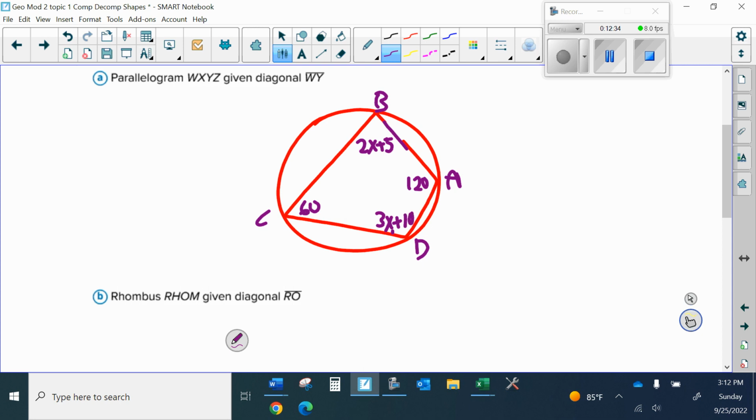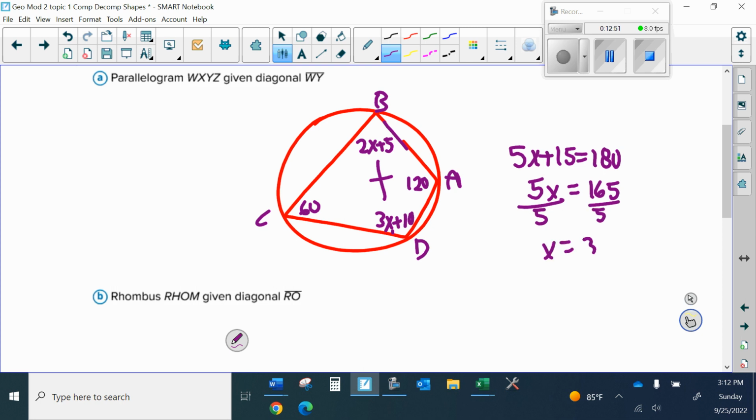I take those two and add them together. That gives me 5x plus 15 equals 180, because the opposite angles are supplementary. Subtract the 15 across. I get 165 divided by 5, and I get 33. So x is 33. If it asks us to solve for x, your answer would be x is 33.